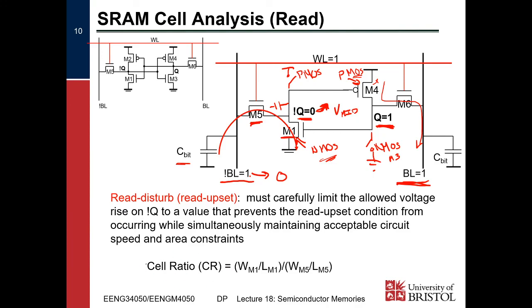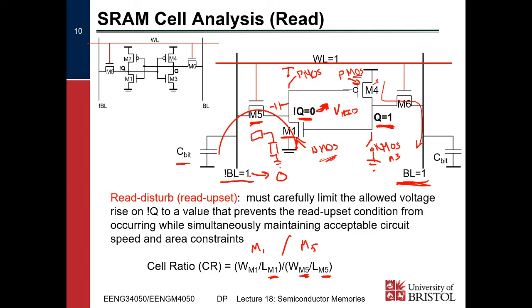So what we do is we define something called a cell ratio, which is the width of M1 divided by the length of M1, divided by the width of M5 divided by the length of M5, right? So it basically says it's the width by length ratio of M1 divided by the width by length of M5. If M1 is bigger than M5, we're going to have, obviously, a potential divider between these 2 points.